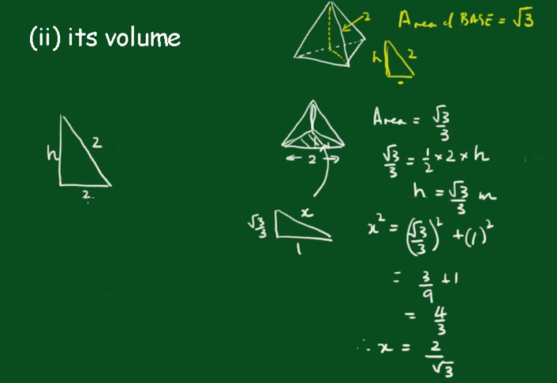And that was 2 on root 3. Okay, here we go again with Pythagoras. H squared equals, so it'll be 2 squared minus 2 on root 3 all squared, which is 4 minus 4/3.